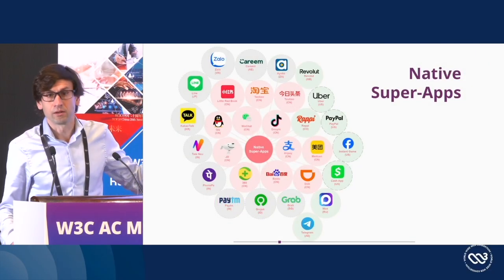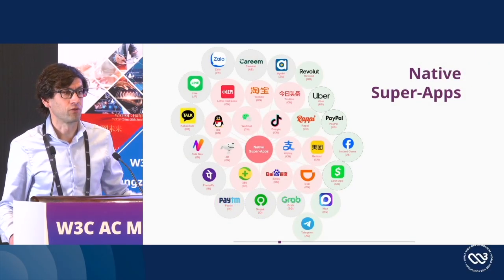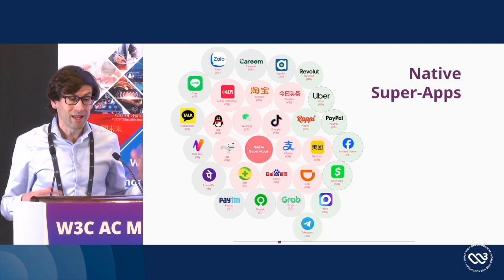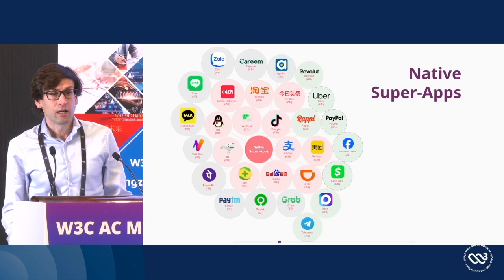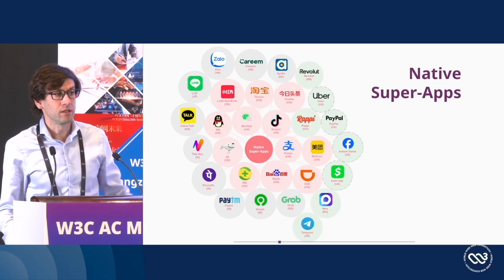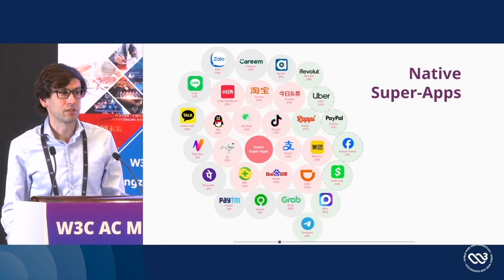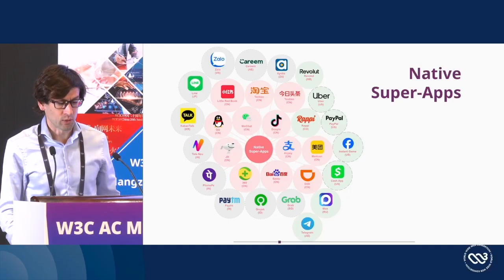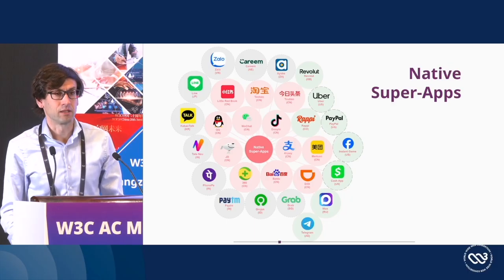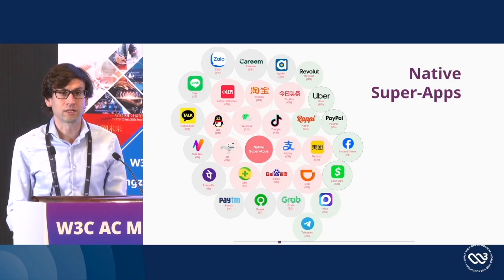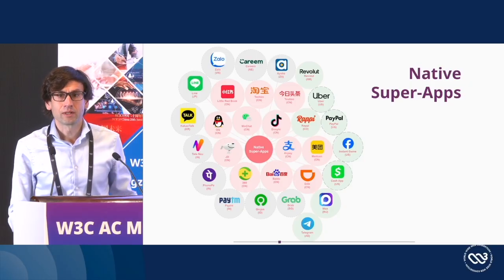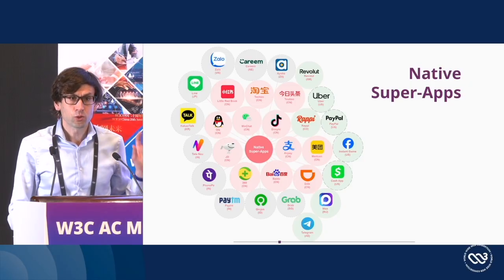This is a kind of landscape of the top popular MiniApps we have, mainly in Asia. I'm showing about 20 different super apps and the ecosystem of MiniApps, and most of them are from Asia, as you can imagine, starting with the top popular ones here in China, like WeChat, Alipay, and so on, but some others are emerging in Asia, and also in the West.